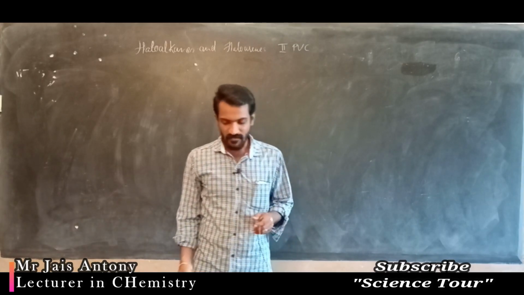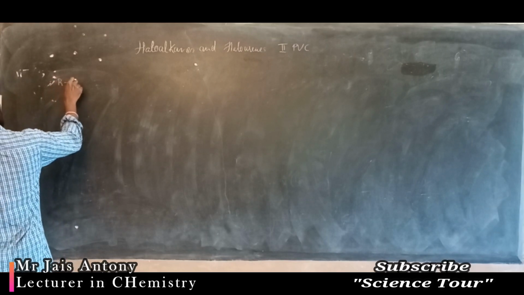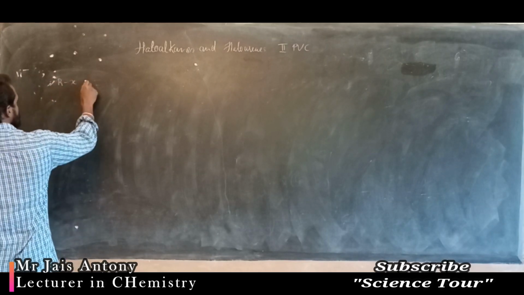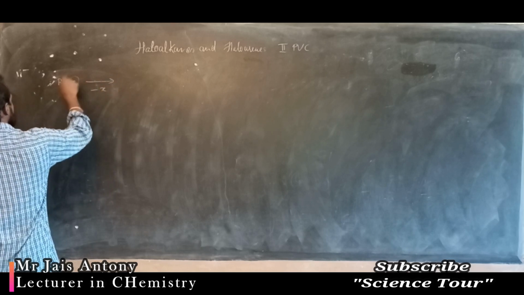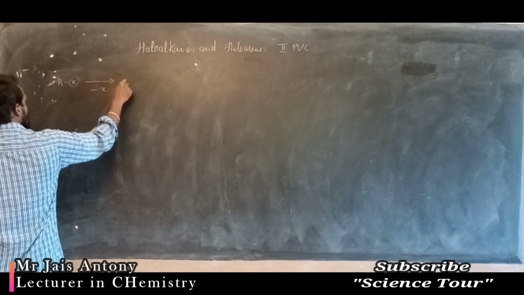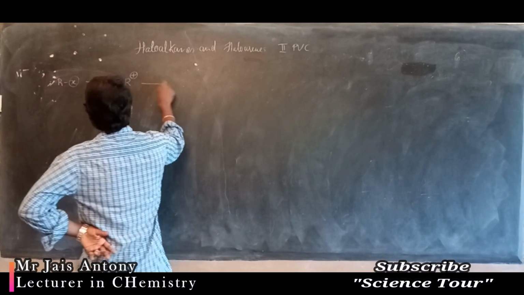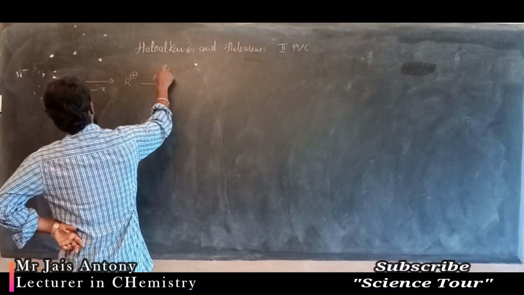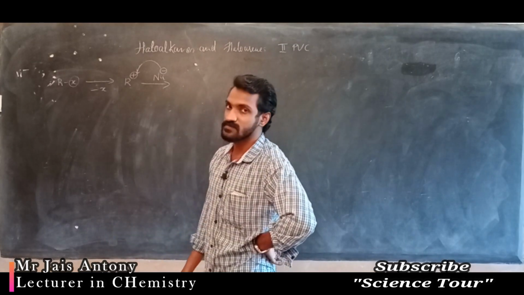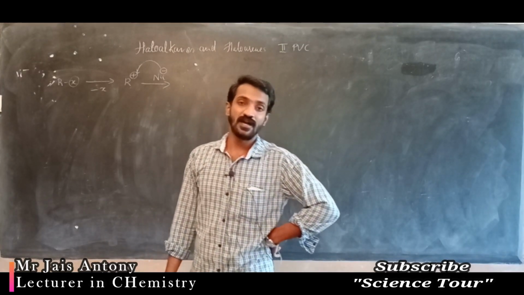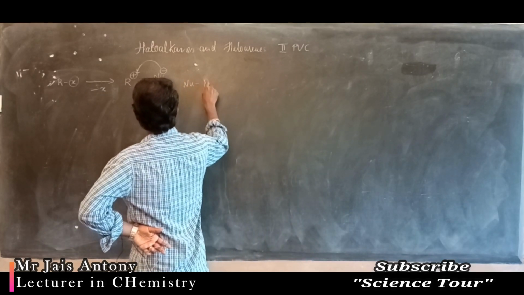Understood? For example, I will explain briefly the SN1 mechanism for an alkyl halide, RX. The halogen X is removed and it forms a carbocation, R plus. The nucleophile attacks this R plus, which is a carbocation, and forms R-nucleophile.